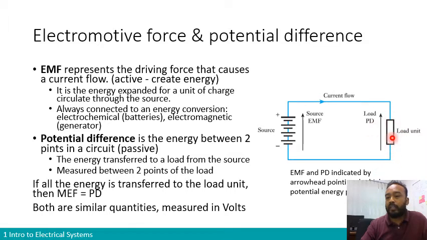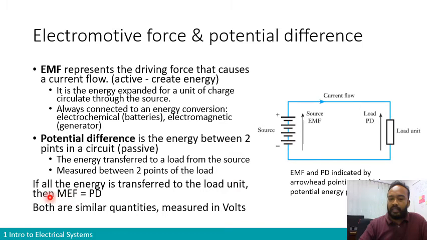Why? Because the load basically consumes the energy of the charges that come into it, and at the end of it the energy becomes smaller. Imagine we have a certain amount of energy coming in here. After it goes across the load, the energy at the end will be much smaller, and the difference of the energy is what we call potential difference. So across the load there is a potential difference. You can read the explanation over here, but in general that's what it means.